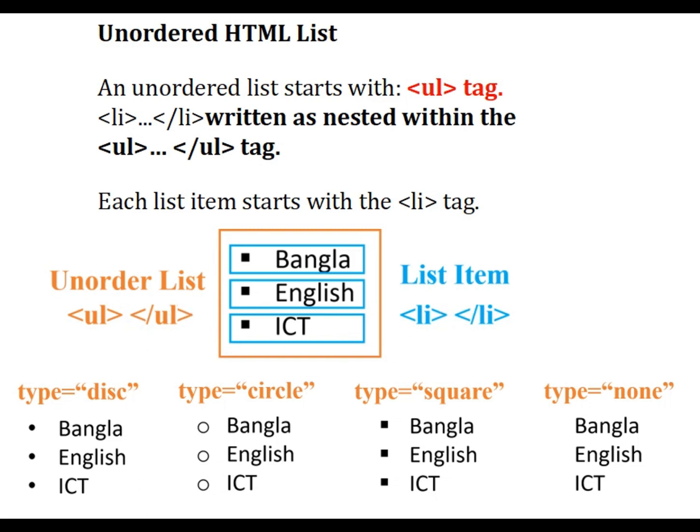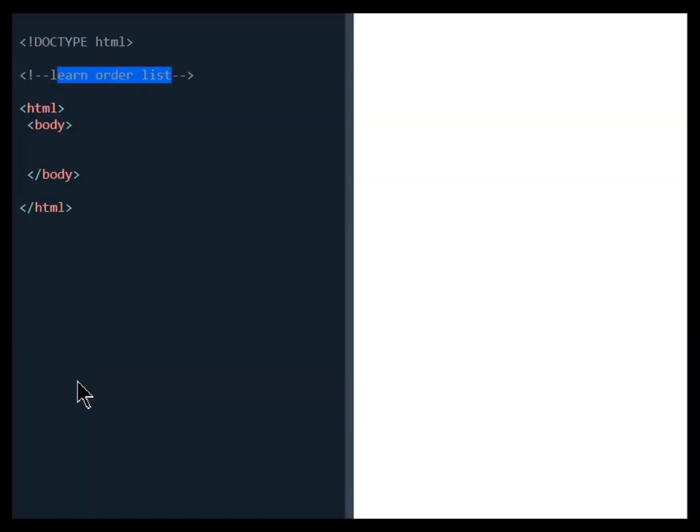Let's have a try now. For this video, actually, I'm trying to teach students learning by doing. So already we know the basics about order list. Now this time we are going to learn unordered list of HTML, right?